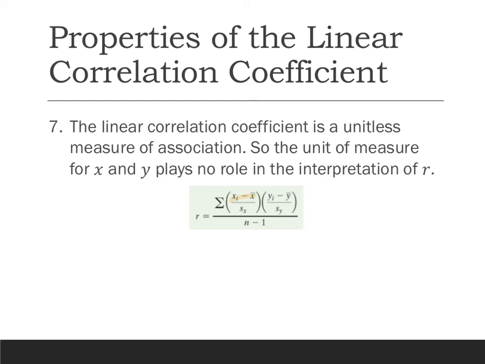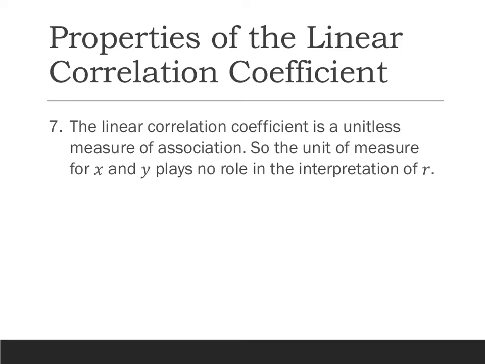So my units would cancel for my X's. Well, Y's are just another value. So my Y values and their standard deviation, those units are going to cancel. So I have no units on top. N minus 1 is just how many people I have in my sample. So I'm going to have no units at all for any of this. So that's what happens to our units. Our units get canceled out completely.